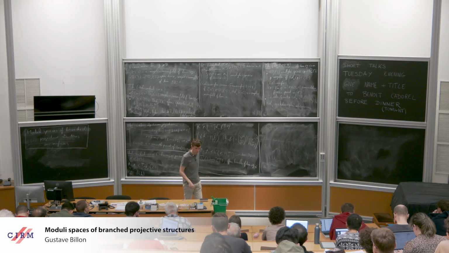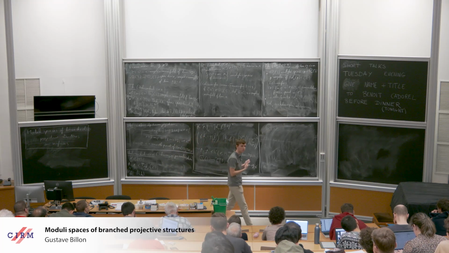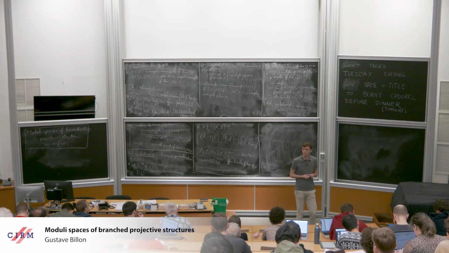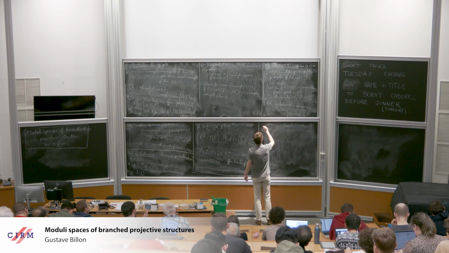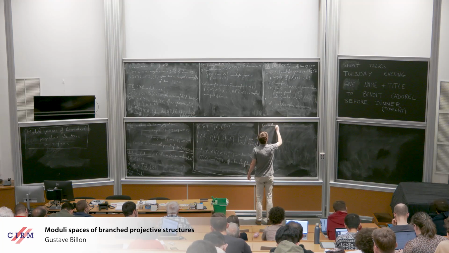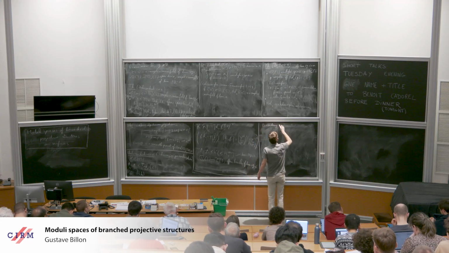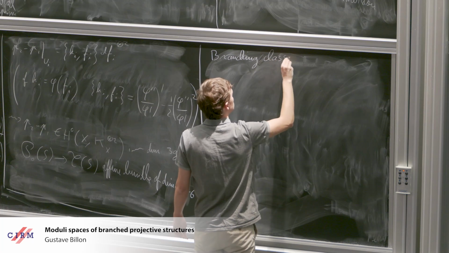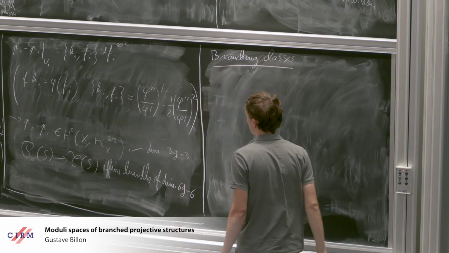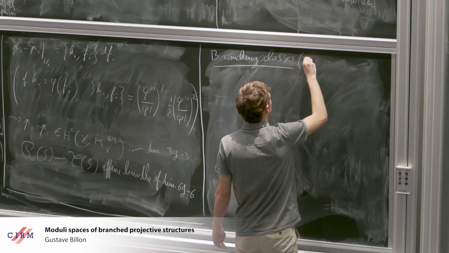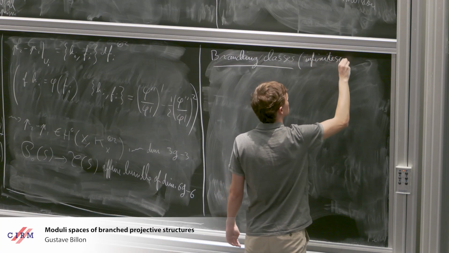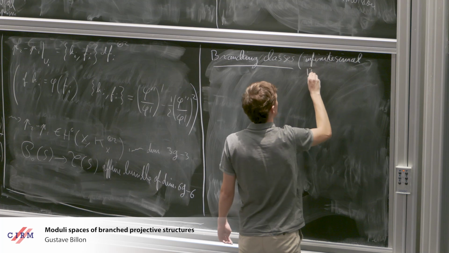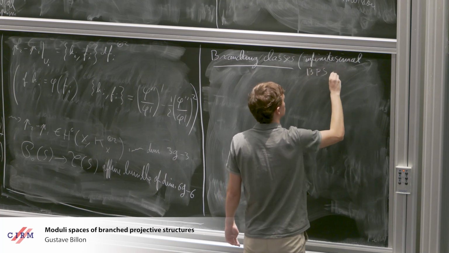So we don't know much about this analytic space, and it doesn't deform well when we vary X and D. So the key ingredient in the proof is the notion of branching classes. This can be seen as infinitesimal branched projective structures at the branch points.